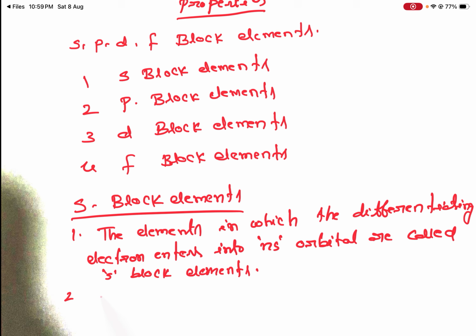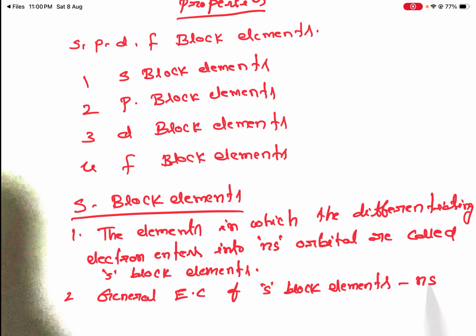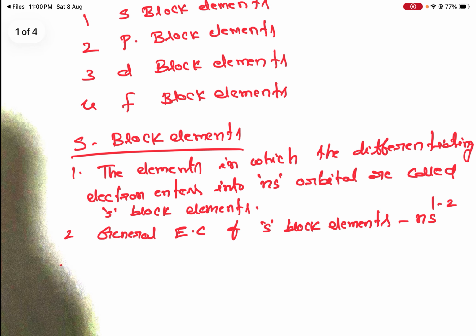Next, the second point is the general electronic configuration of S block elements. The general electronic configuration of S block elements is ns1 to 2. This S block contains 2 groups: first A and second A group elements.